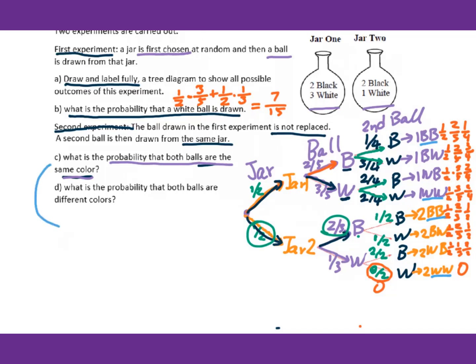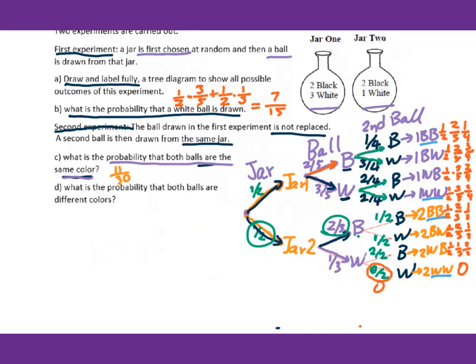You will get for C: 1/2 times 2/5 times 1/4, plus 1/2 times 3/5 times 2/4, then plus 1/2 times 2/3 times 1/2, then plus 0. Then we put it into a graphing calculator, you will get 11/30.